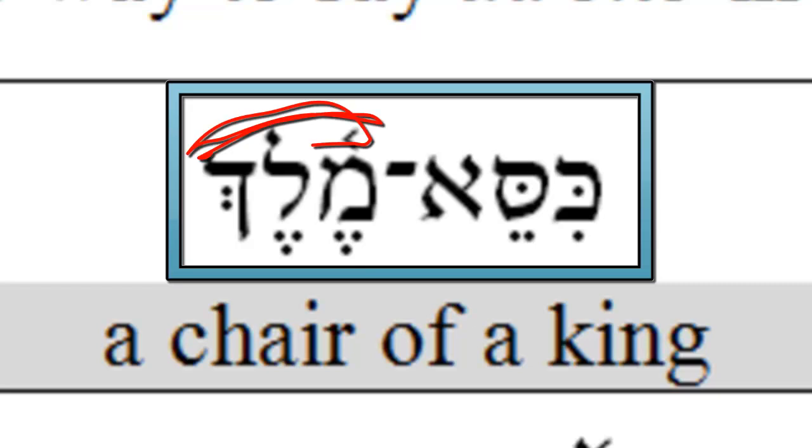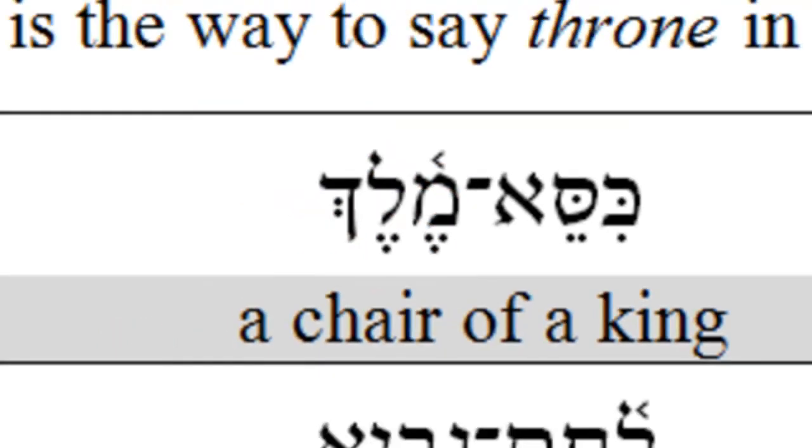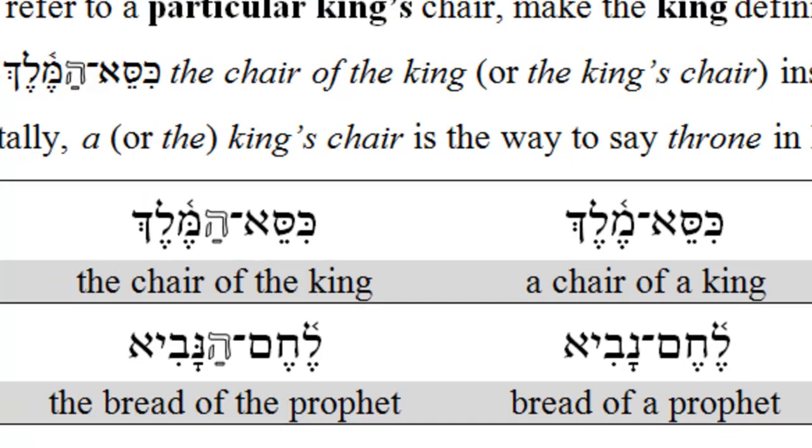All words but the last use construct spelling. Suppose, though, instead of just generally referring to a king's chair or a chair of a king, you wanted to refer to a particular king's chair, the king's chair.